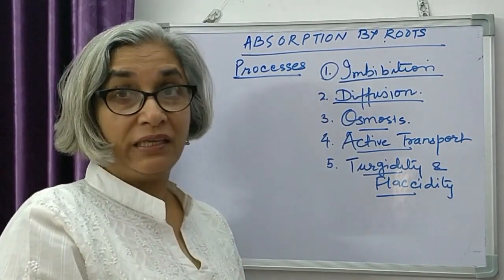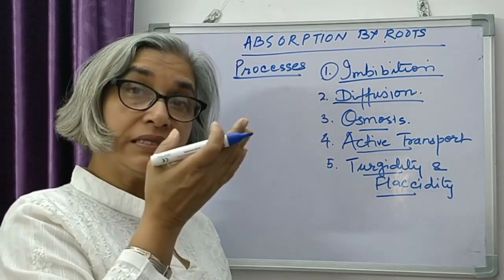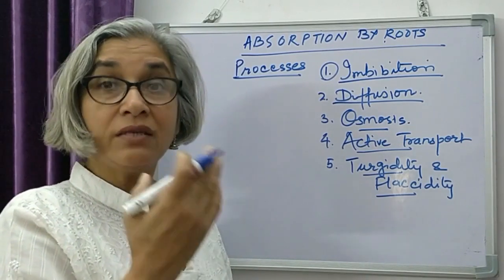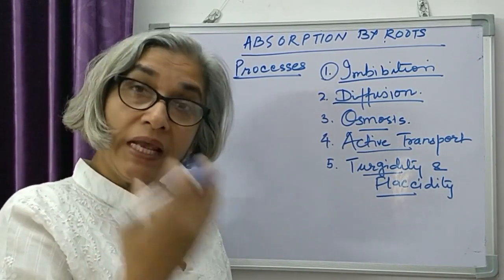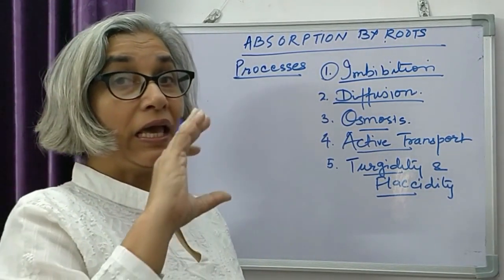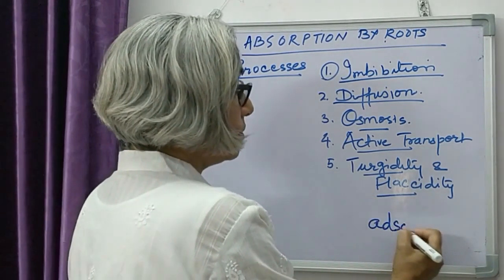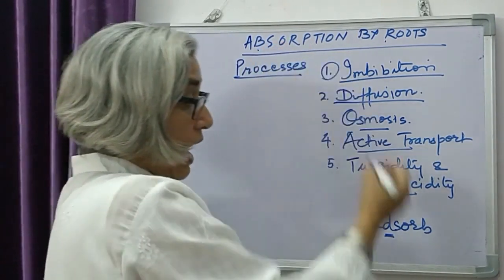Simply it means that the living as well as the dead plant cells, wood is nothing else but dead plant, adsorb water in the upper layers. See the spelling, it is different from absorb.